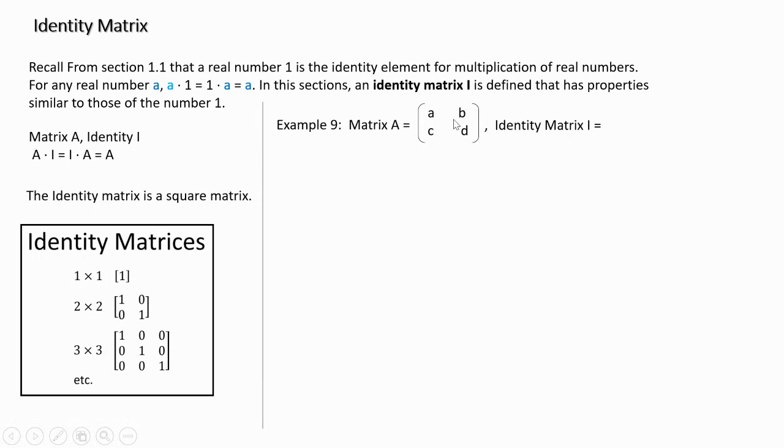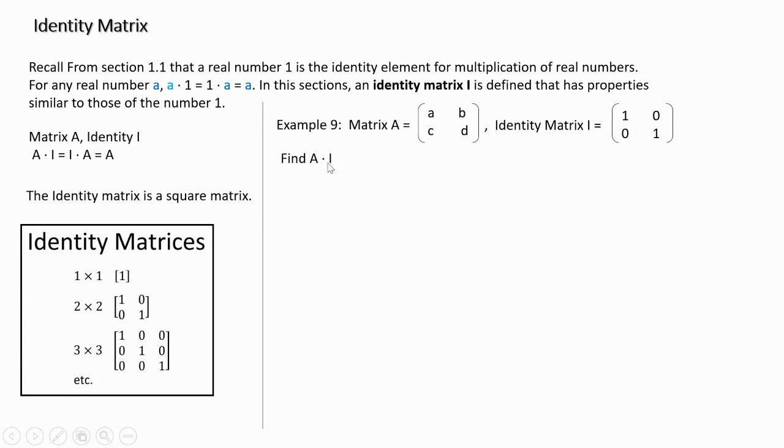The identity matrix, if it's a 2 by 2, is going to be 1, 0, 0, 1. Because if you notice, for the identity, all the diagonal entries from left to right are equal to 1, for the 2 by 2 matrix and for the 3 by 3 matrix, and the rest are 0s.